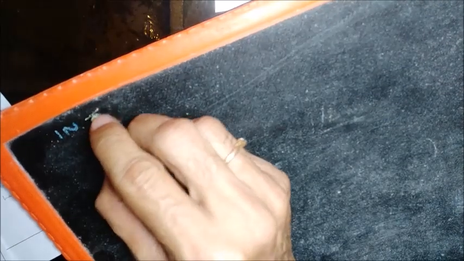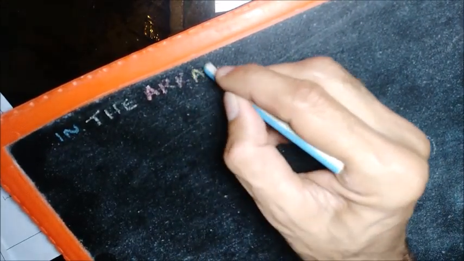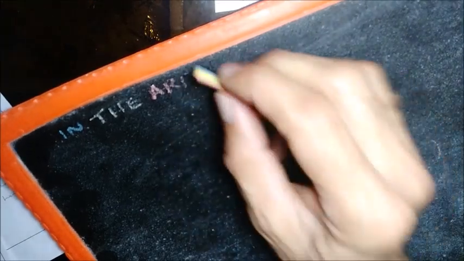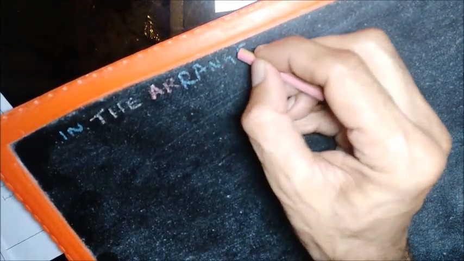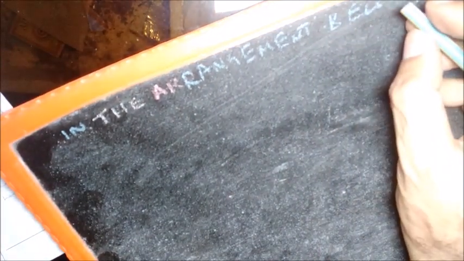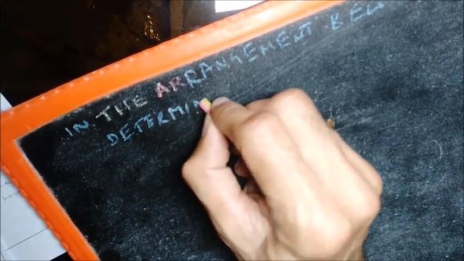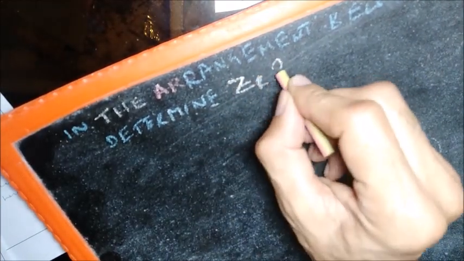Now we'll take an example. This is actually a derivation which I am just presenting here in the form of a problem statement. So the question is this. In the arrangement below, determine ZR.